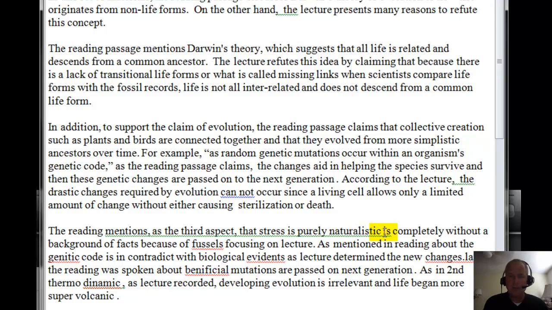I don't know, you've got double verbs here. We have this verb mentions, we have is completely without a background of facts. Let's look at what you're saying here in the reading passage too, so I can see what you're putting in here.